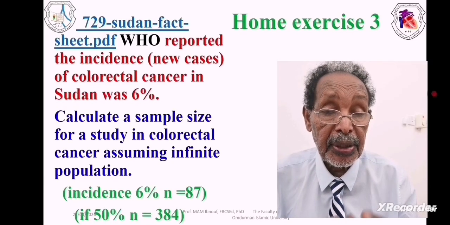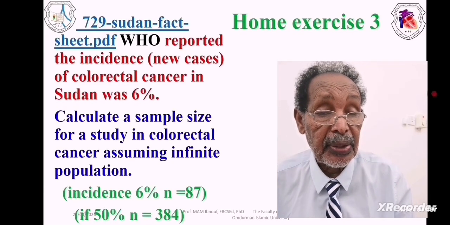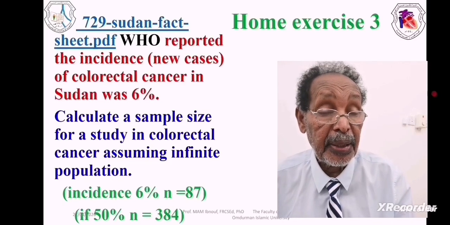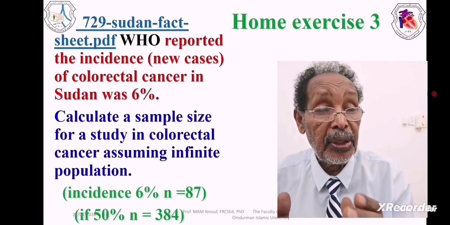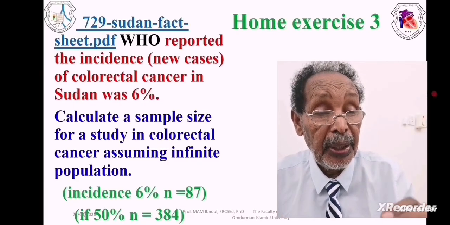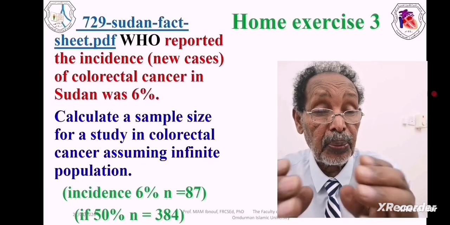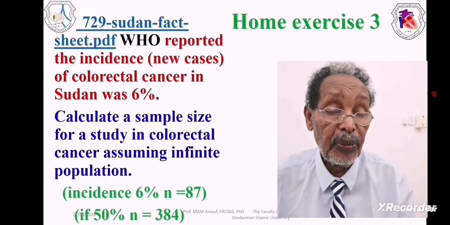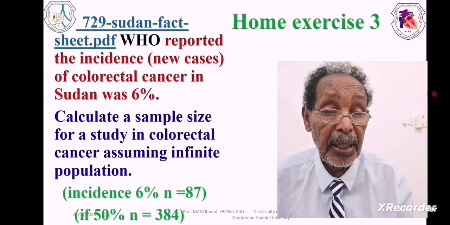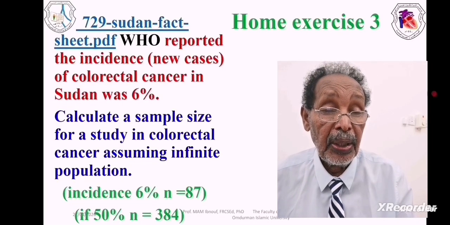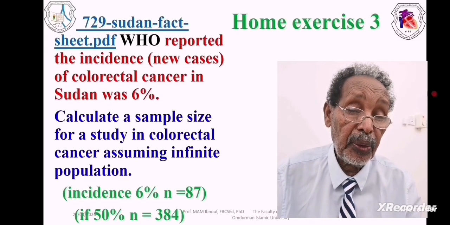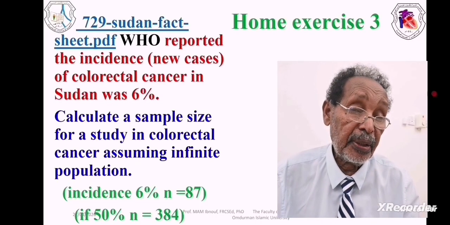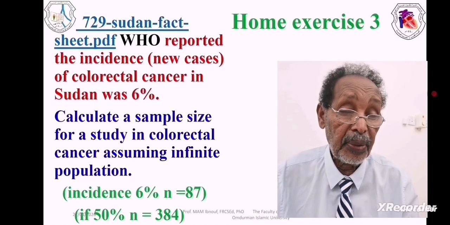If you use the figure 0.06 as incidence, which is a parameter, and the whole topic is on calculating the sample size based on population parameter, if you use the 6% as population proportion, then we are going to get a sample size of 87 cases.